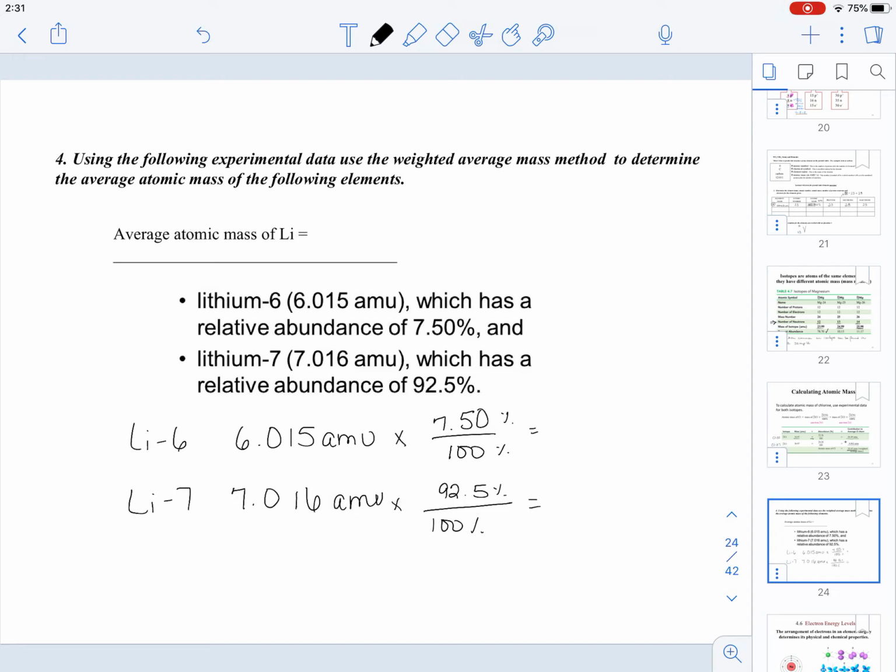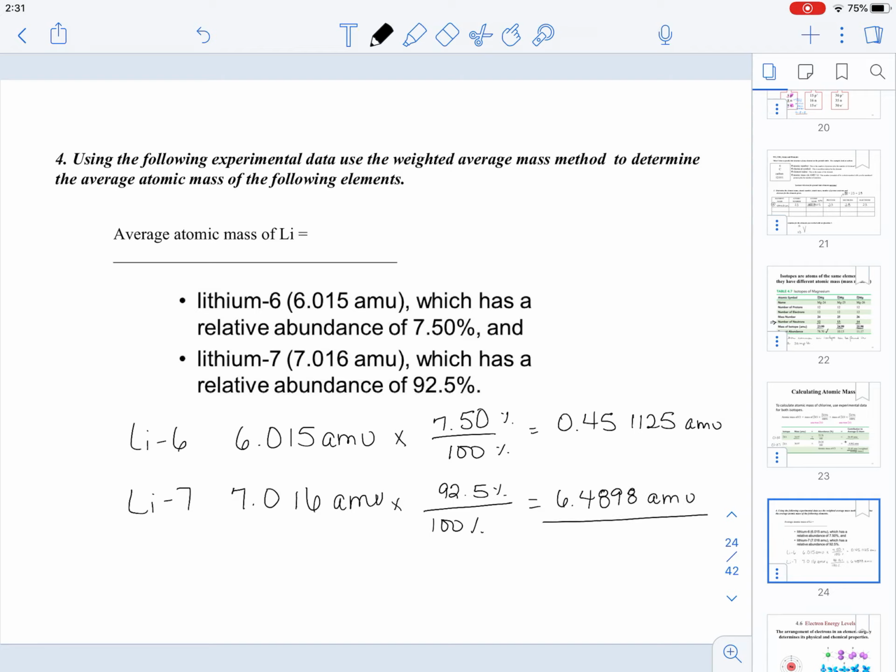So the contribution of lithium 6 is going to be 0.451125 AMU. The contribution of lithium 7 is going to be 6.4898 AMU.